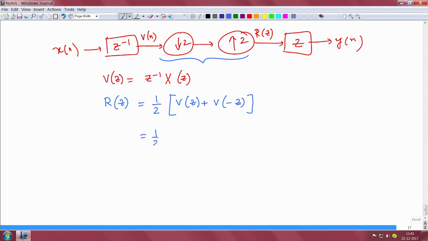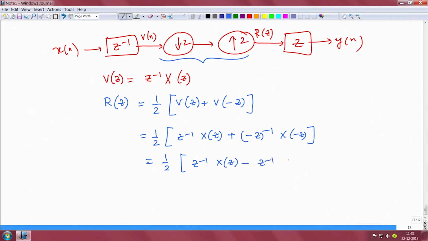This simplifies to half of z power minus 1 x of z plus, now wherever there is z we have to put minus z, so we get minus z power minus 1 x of minus z. So this is equal to half of z power minus 1 x of z minus z power minus 1 x of minus z.